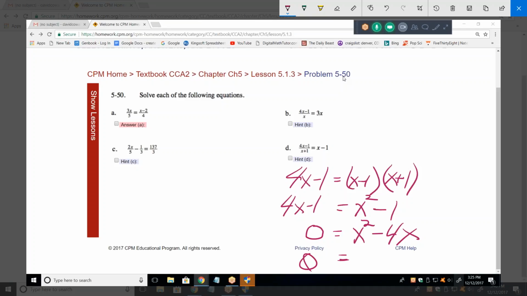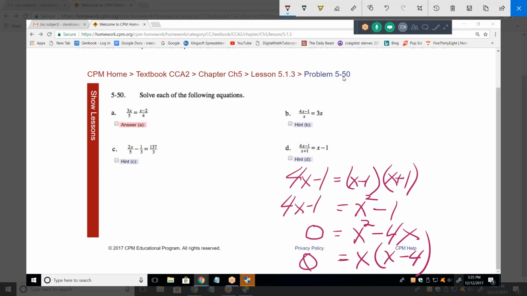So x multiplied by x minus 4. Now tell me the two answers. x equals 4, and x equals 0.